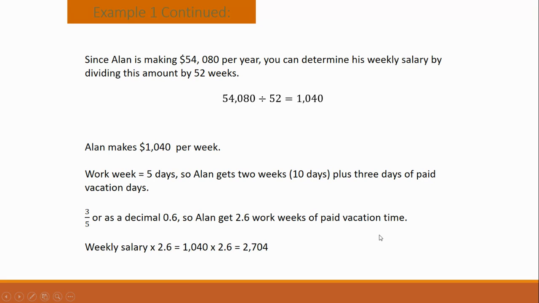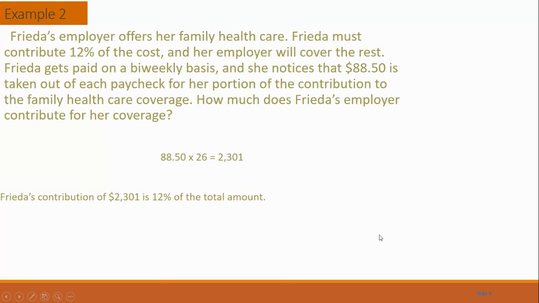All right, his weekly salary is going to be multiplied by the 2.6 because we want to see how much he's actually going to get paid while he's on vacation. So we're at 1,040 times 2.6. He will be getting paid $2,704 while he is on vacation.